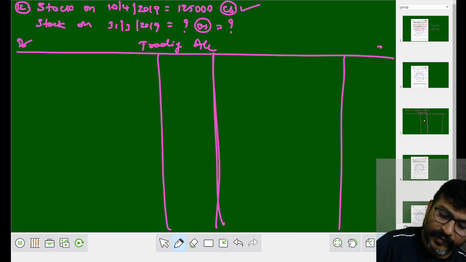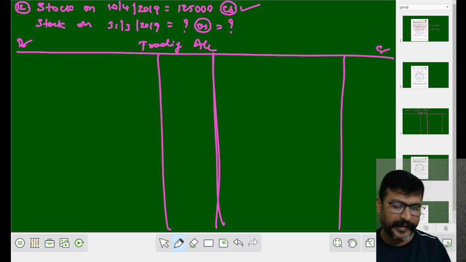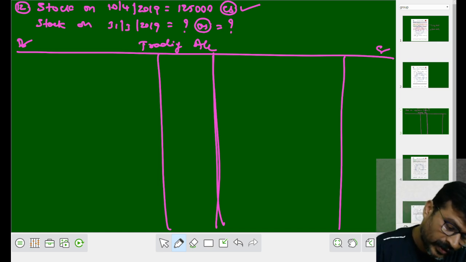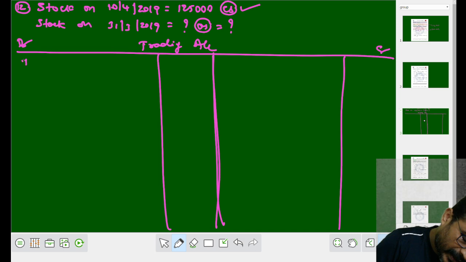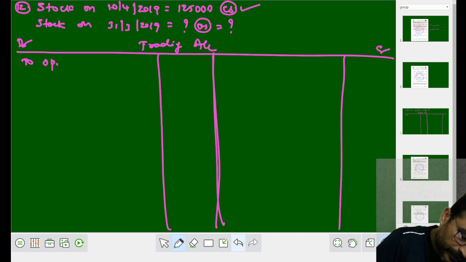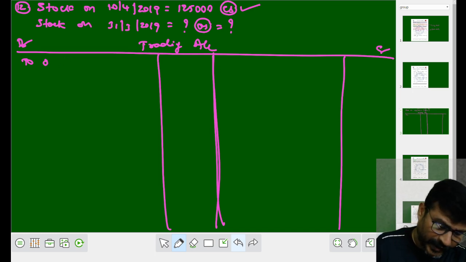Based on the given information, before reading the problem, you get ready with the format. The stock on 10th April is a closing stock. Opening stock is a question mark. Let us write: instead of opening stock, you can write 2.